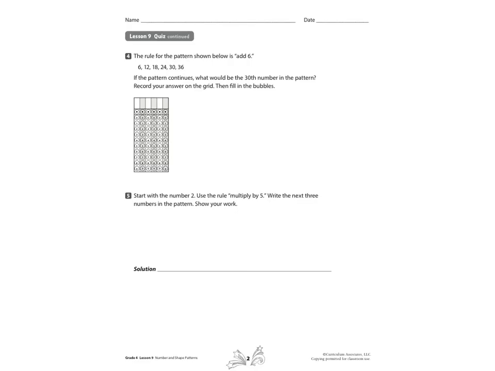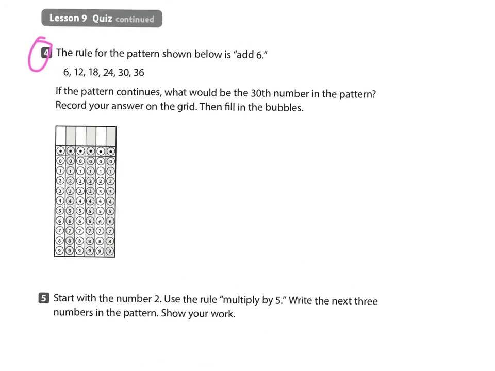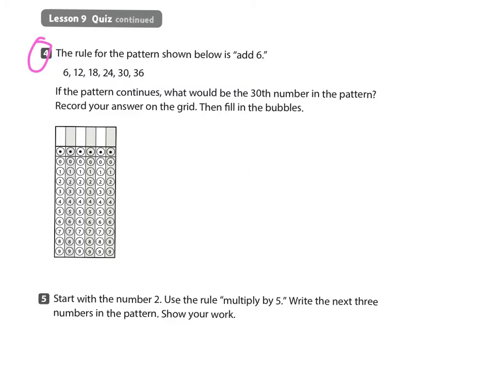On this page, number 4. The rule for the pattern shown below is add 6. So again, the rule here is plus 6: 6, 12, 18, 24, 30, 36.